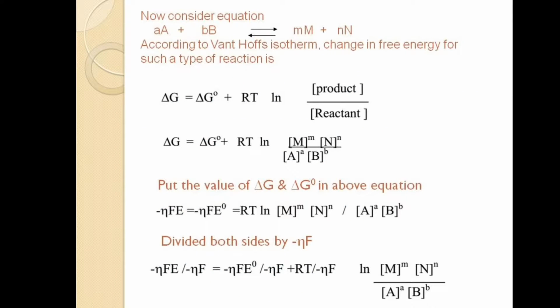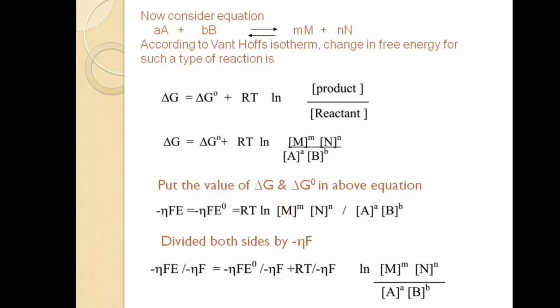Now let us consider the general cell reaction aA plus bB gives mM plus nN, where small a, b, m and n are the number of moles of the reactants and products. So a plus b is nothing but the number of moles of reactant, and similarly m plus n is the number of moles of product.